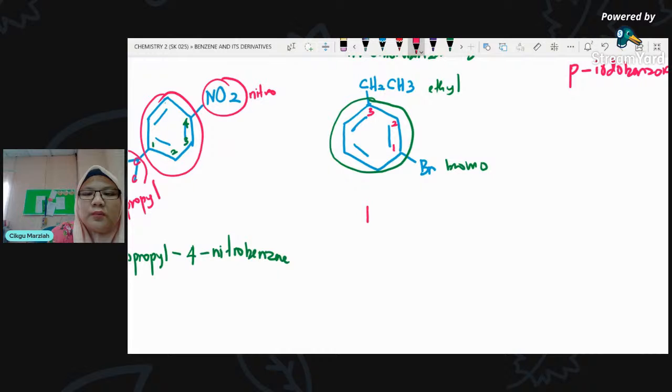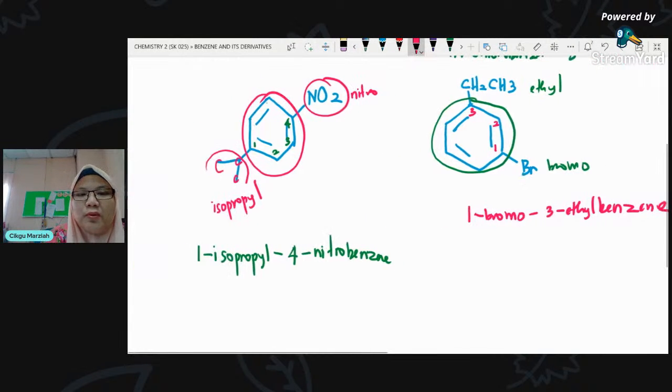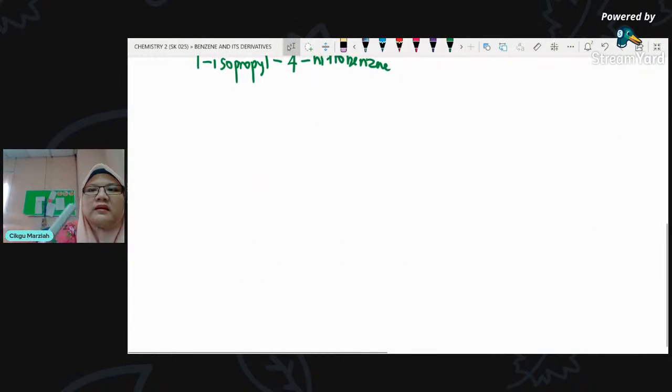So, kita letak 1 bromo, 3 ethyl, benzene. Okay, so ini case 2 substituent yang tak ada dalam, tak ada parent. So, parent dia adalah benzene. Okay, so next kita nak cuba dengan what happen if we have more than 3 dan selebihnya lah.